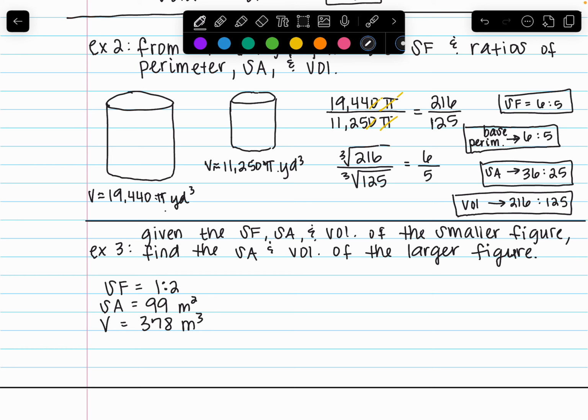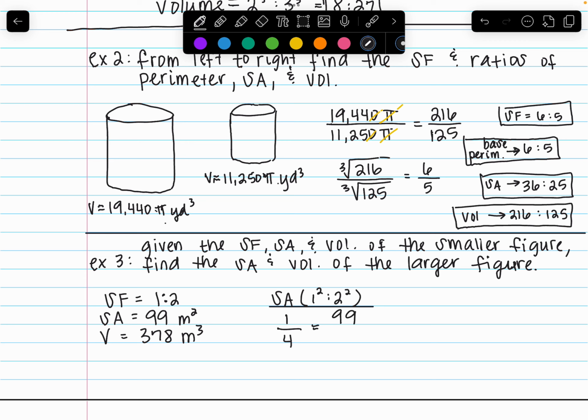So we don't need the ratios. We want the actual surface area and volume. So for surface area, don't forget that we're going to take the scale factor and square both of the numbers in the ratio. So that'll give us 1 to the second power, which is 1, and 2 to the second power is 4. So I'm going to use that ratio in fraction form, and we're going to set up a proportion.